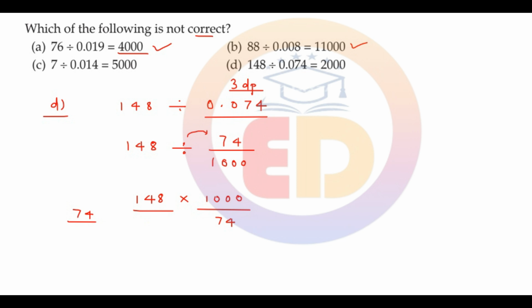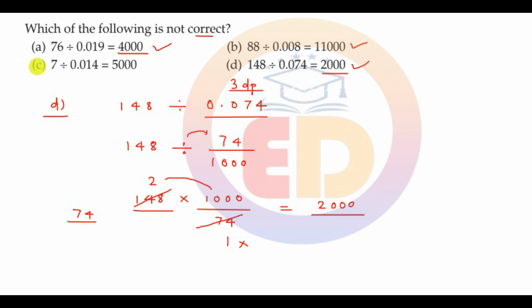We will directly do it by 74. 74 ones are 74, 74 twos are 148. In the denominator I have 1, I will ignore that. In the numerator, 2 into 1000 will give me 2000. So the value is coming to be 2000, which is given in the option number D. So this is also correct. Our answer is option number C, as it is the incorrect value. It is not correct.